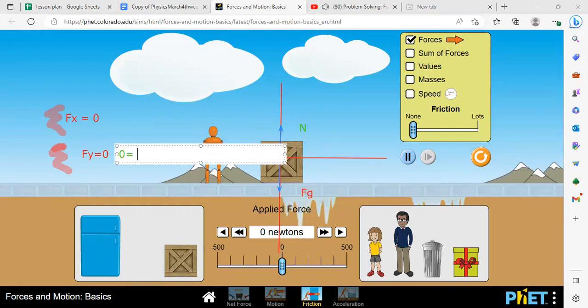Tapos, take note na positive yung pataas na. So, normal force natin is positive. Tapos, yung weight natin will be negative. So, ayan yung summation of forces along y. So, may normal force ka, tapos meron kang weight. Okay? So, yan yung mga forces.